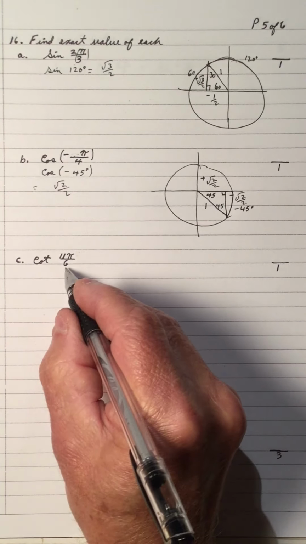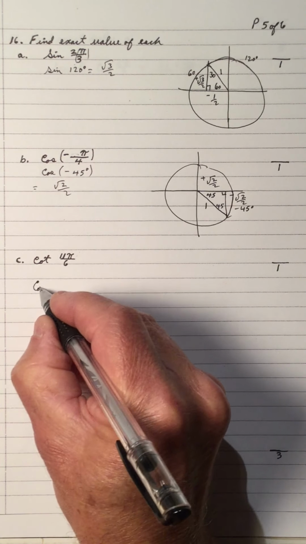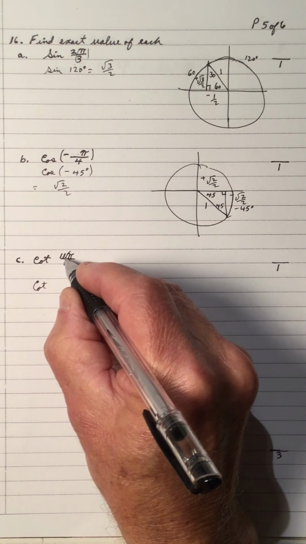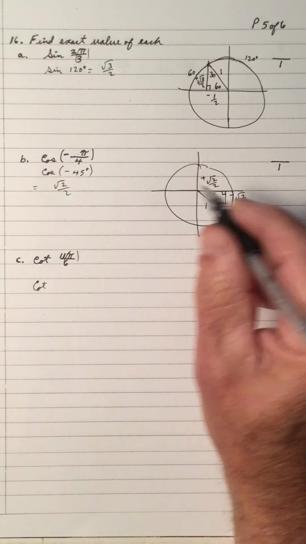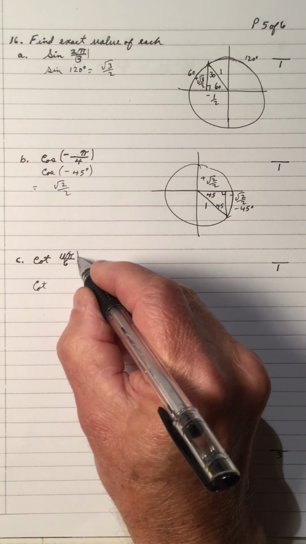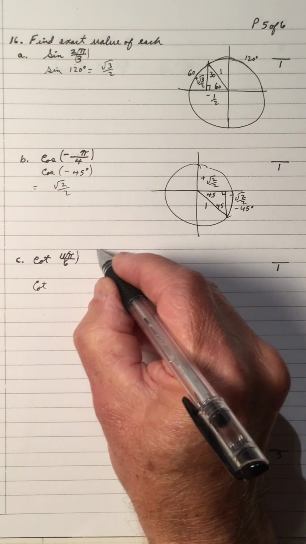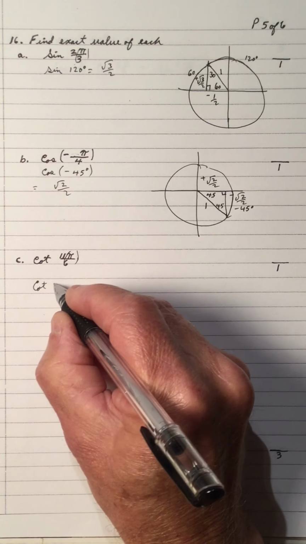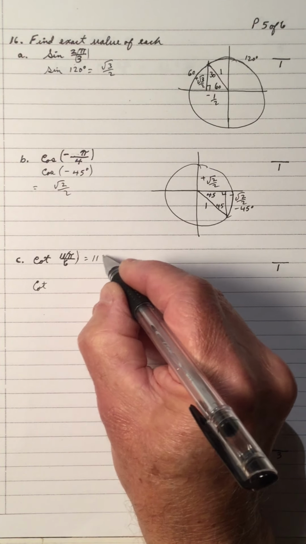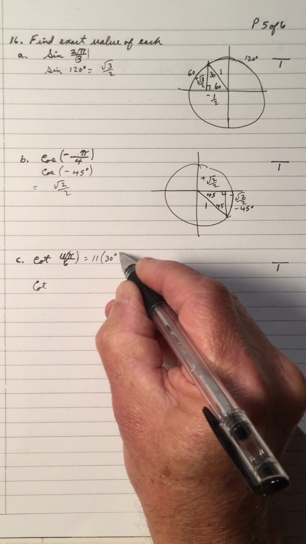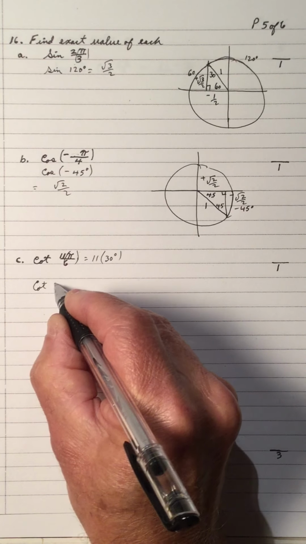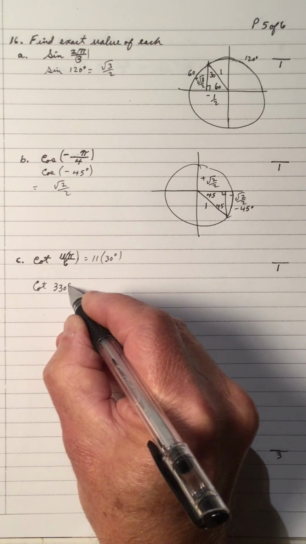And we have the cot of, now let's see, we've got to remind you, pi over 4 is the reference angle of 45, right? And pi is 180, so that's 11 pi over 6. Pi over 6 is 30. So we have the cot of 330 degrees.